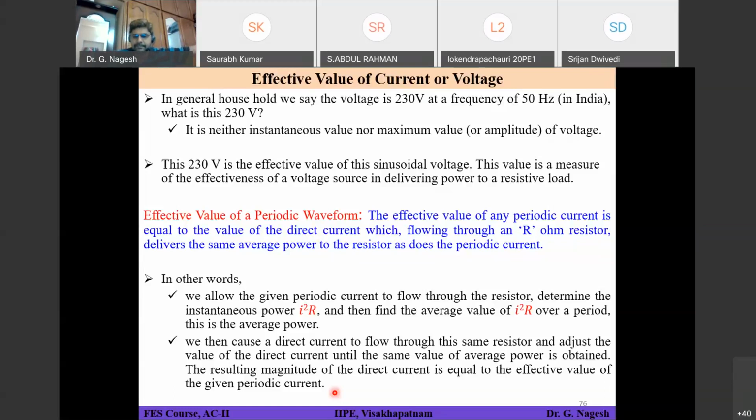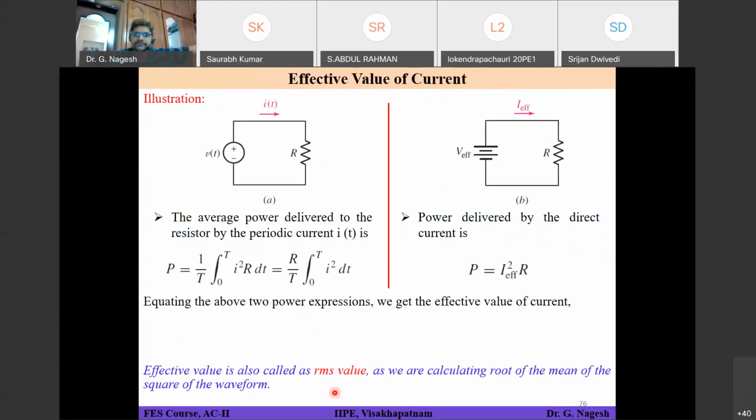The same thing I have shown in the circuit for your better understanding. This is the first case, when I am considering a periodic current, that means a sinusoidal function, let's say. I have voltage V of t, and current I of t is flowing through a resistance R. What will be the average power delivered to the resistor by this periodic current?